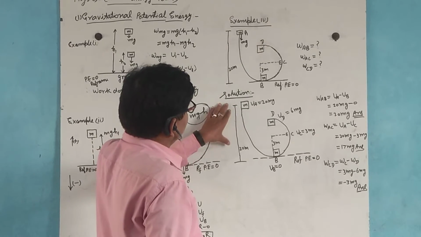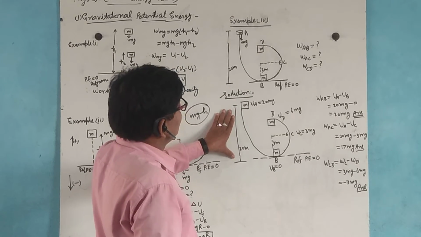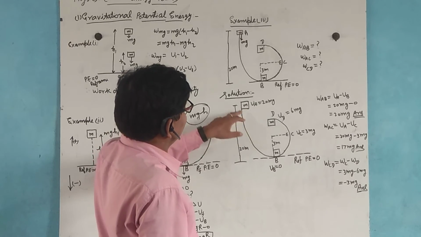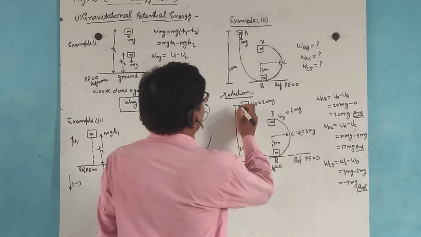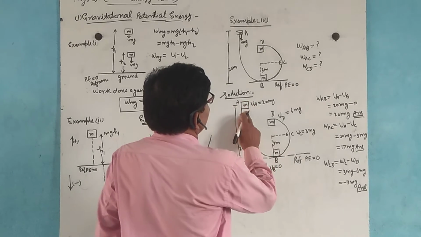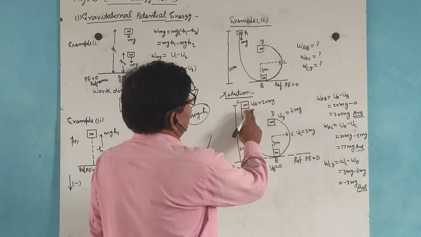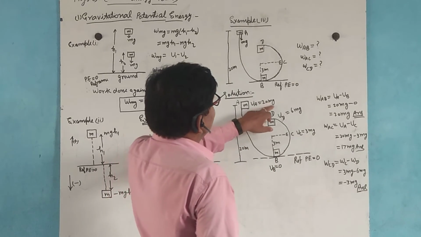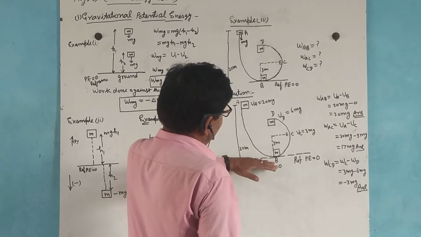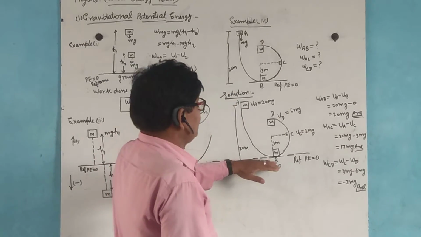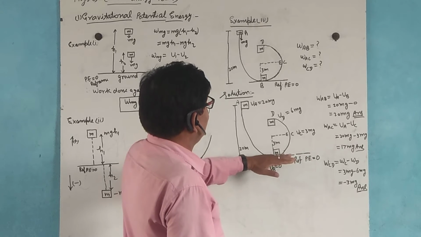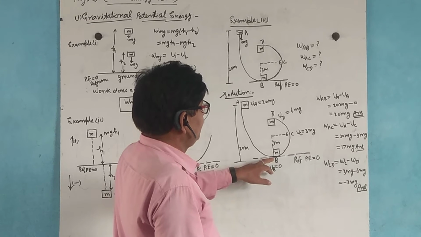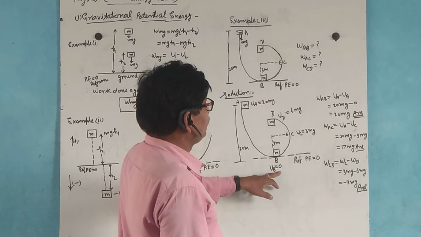Here is the solution. This is the height of the block of mass m, this is position A, so the potential energy at A is equal to mgh, with h equal to 20 meters from the ground reference. At position B, the potential energy is equal to 0.